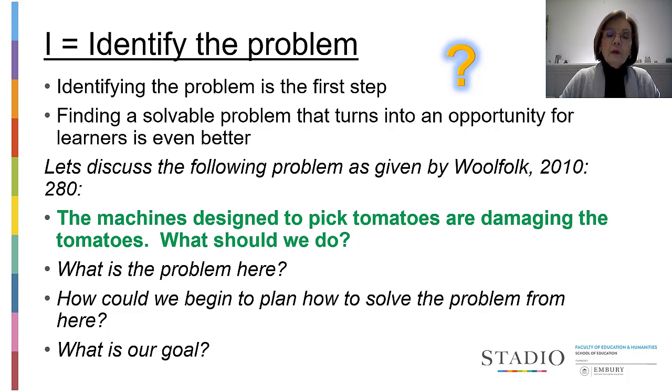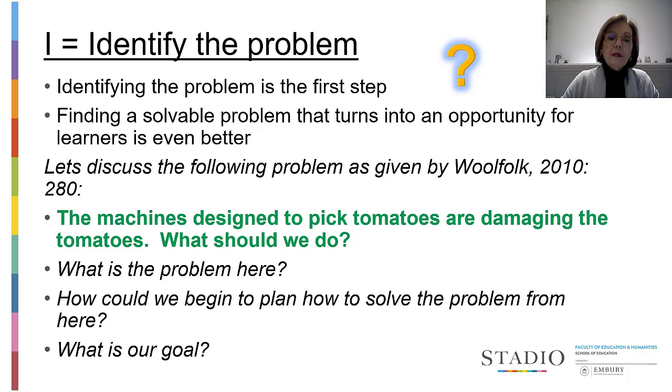Now, the first thing we have to ask ourselves here is, what is the problem here? And then how do we begin to plan to solve this problem from this point? And what exactly is our goal? So having a look at this problem, I'm not sure what you first thought about, but I could definitely first think about the one problem that I found in this particular situation here.